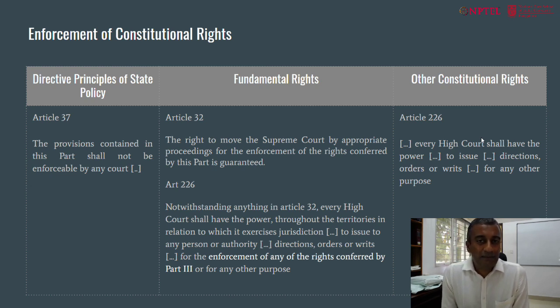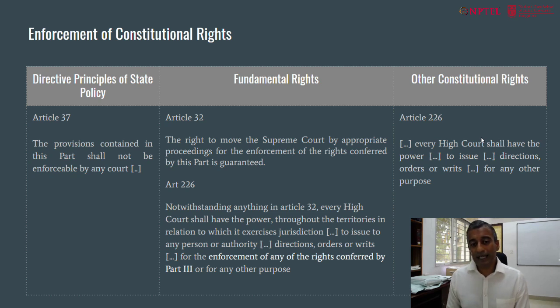Article 37, which is the gateway to Part 4 of the Constitution, makes it clear that the directive principles are not enforceable by any court, while at the same time being fundamental in the governance of the country and being a constitutional duty of legislators and the executive to implement these principles. So clearly the directive principles of state policy are meant to be politically enforced by the political branches of the government, and the courts, if at all they have a role, have a secondary role.